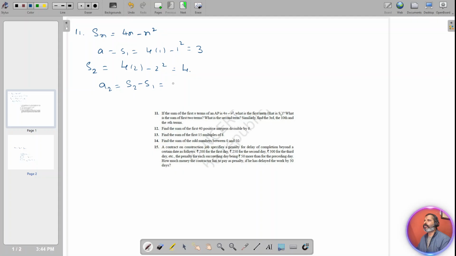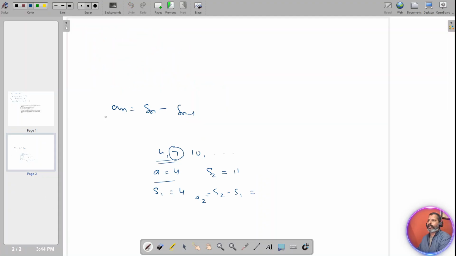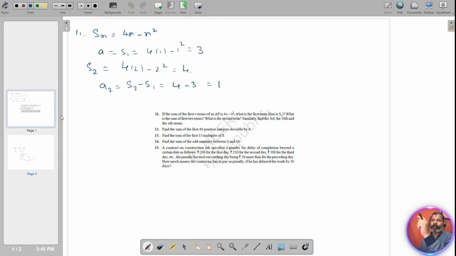What is S2? 4 minus 3, 1. Remember that this formula is very important. Second term they want means A2, Sn means S2, n minus 1 means 1. Very important. This is a conceptual question. Pay attention. Okay. Done. Second term we found.